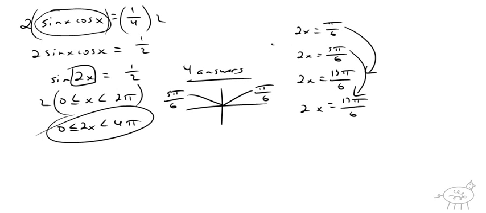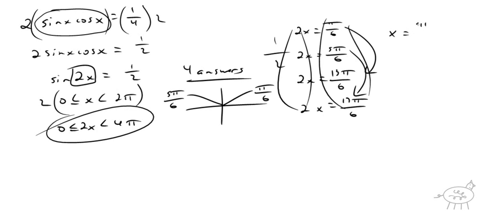And then I multiply everything by 1/2, right? Everything here and here. So I get x equals pi over 12, x equals 5 pi over 12, x equals 13 pi over 12, and x equals 17 pi over 12. Okay? And those are my answers. Okay, didn't square anything, didn't do anything fancy, that's what it is. Now I want to show you actually a brutal way to do it.